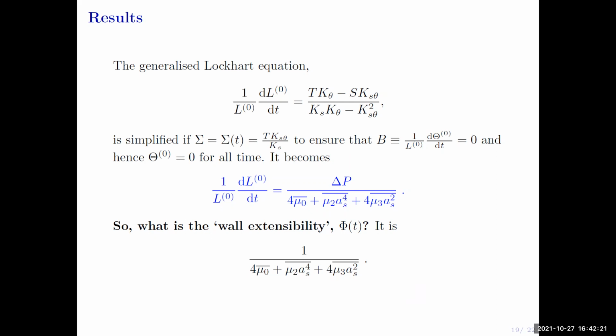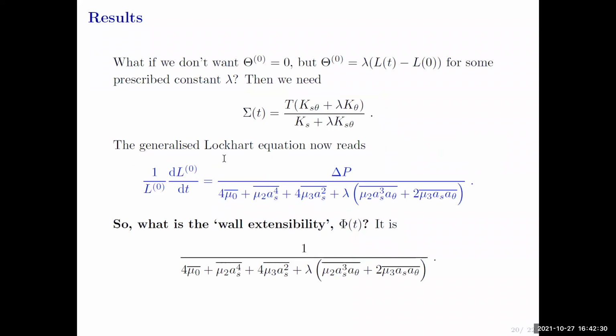And we can go one step further as well. So what if you allow sigma to be fine-tuned so this big theta remains 0? Why stop there? If you don't want big theta to be 0, but you want theta to be a constant multiple of L, essentially you want the cell to twist into a uniform helix, right?